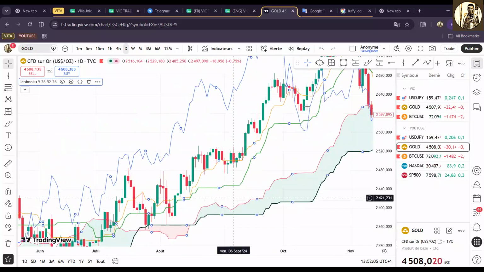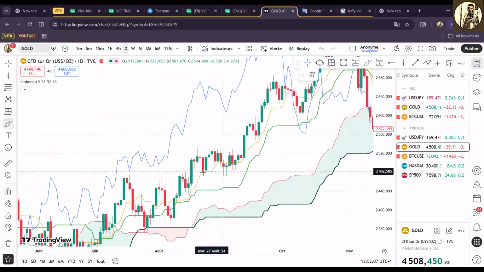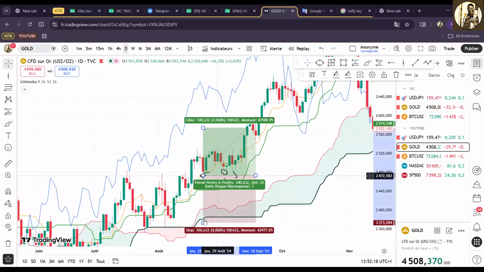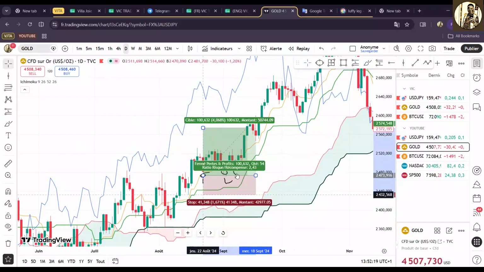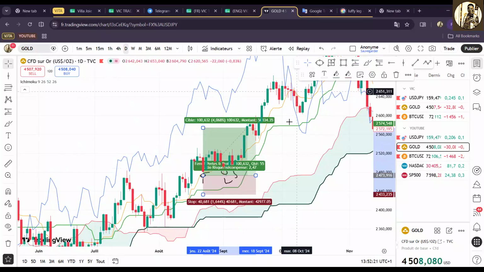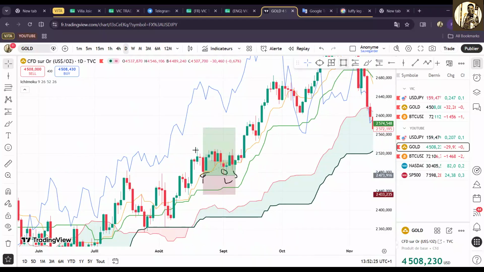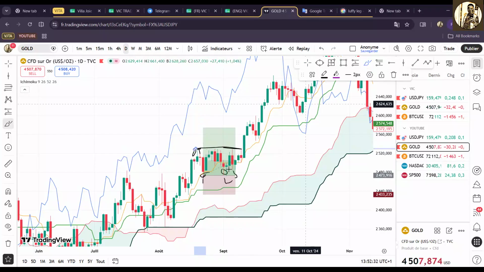Let's take this case. If you see the first setup Tenkan, second setup Tenkan, or third setup Tenkan, and you enter on those setups, don't break even, because those are the fresh setups. Anyway, those setups will come and break this V breaker, this high. So you don't need to break even them.